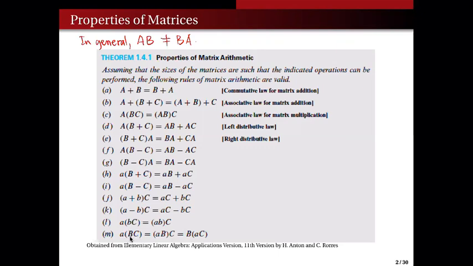B is a left factor, C is a right factor, so B should always be on the left. Like this, B is on the left of C. In here, B is still on the left of C.